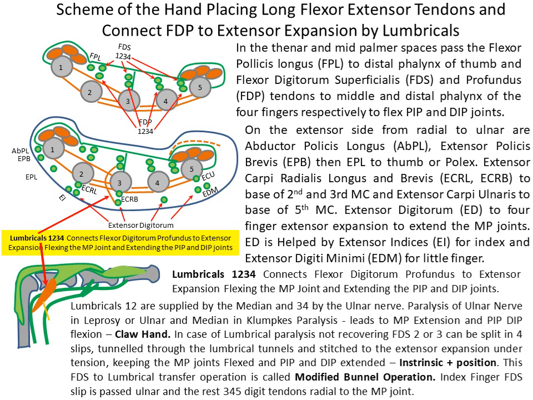This FDS to lumbrical transfer is called as modified Bunnell's operation. The index finger FDS slip is passed ulnar and the rest 3, 4, 5 digit tendons are passed radial to the MP joints.